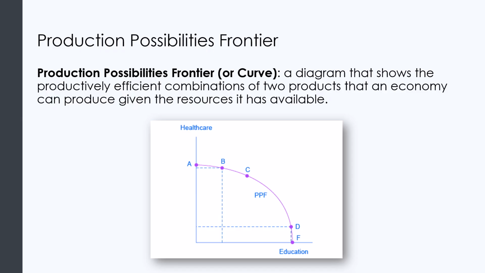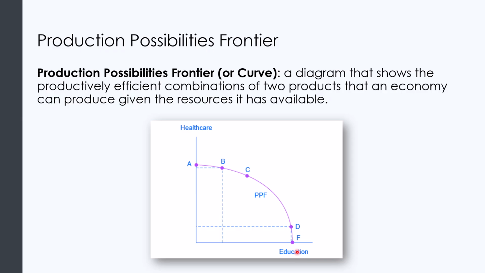And instead of just calling it a budget constraint, we recognize what we call the production possibilities frontier, or the production possibilities curve. And what we have in our text example shows a government making trade-offs between two big items that a society often wants: healthcare and education.